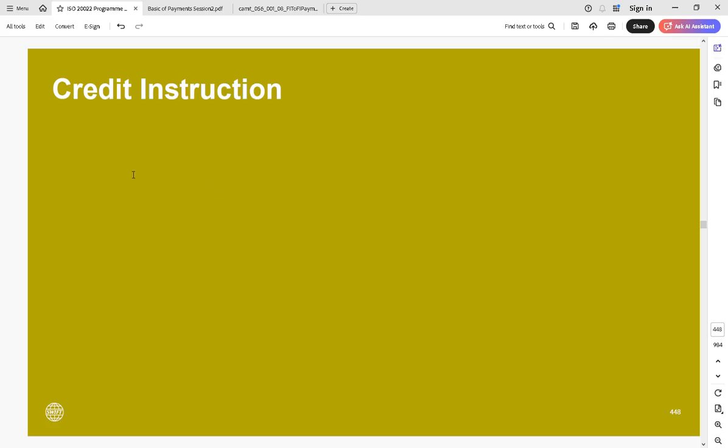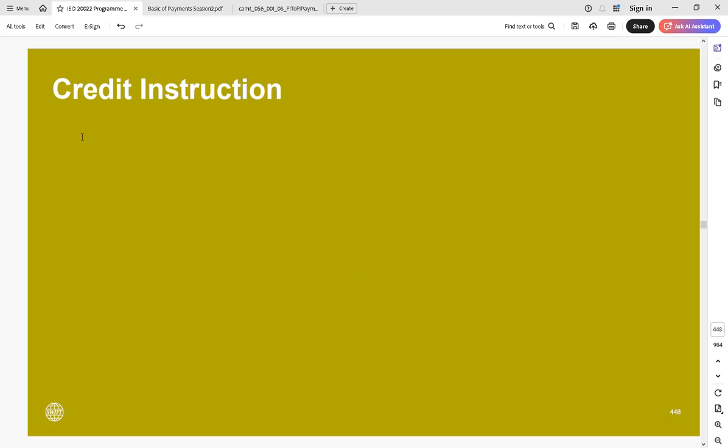By the way, we have already learned the header part, so we don't have to see the header always. This is the group header, and this is the business application header. The first part is the business application header. We learned this separately when we started with ISO 20022, and this is the part we learn always when learning any message.